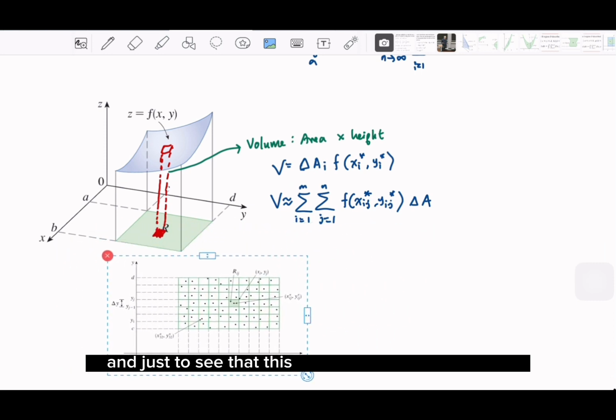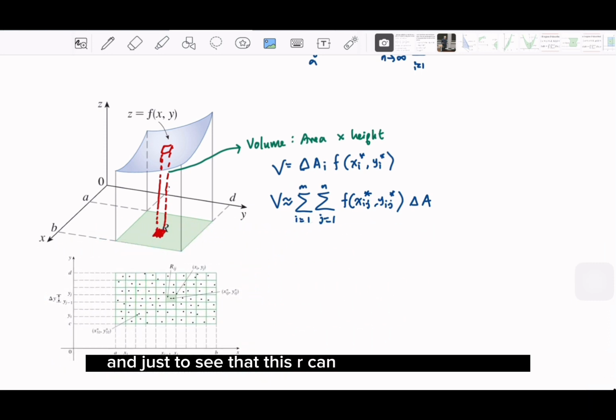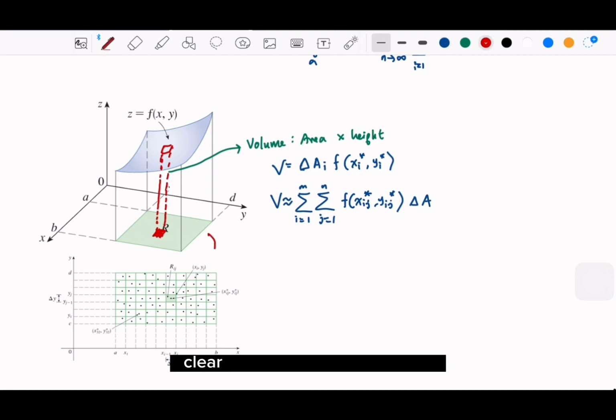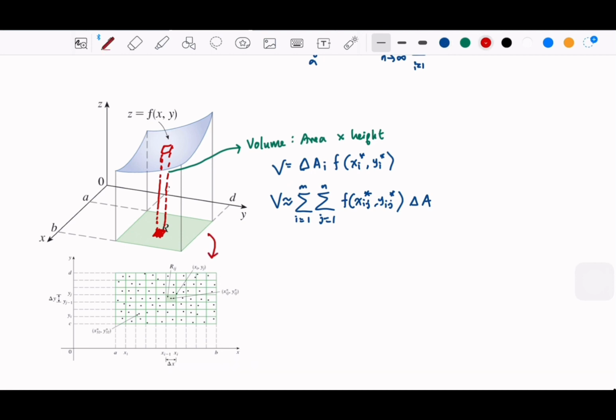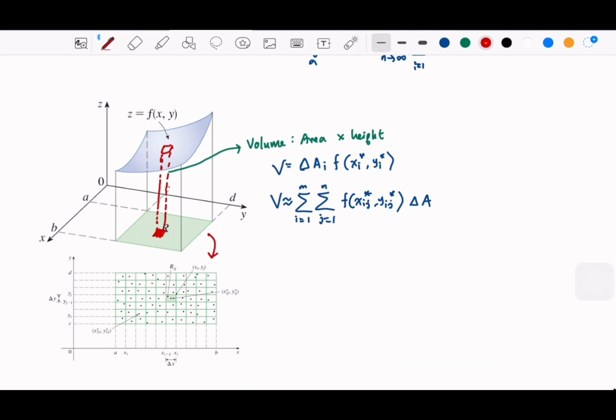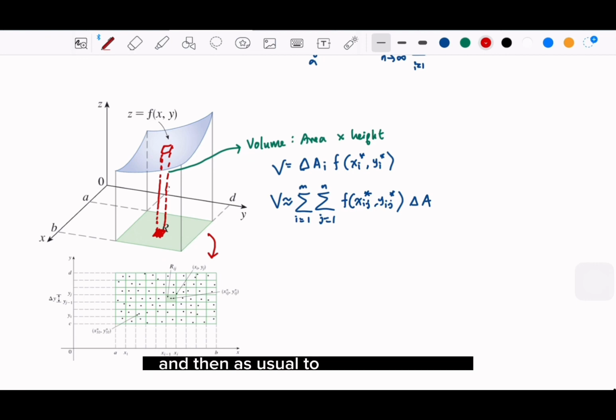If you would like to see it more clearly, I think I will take this, just to see that this R can be described in clearer observations. So we slice all the segments and they become like a square or a small rectangle. And then as usual, to find the total volume, we are going to add all the volume.